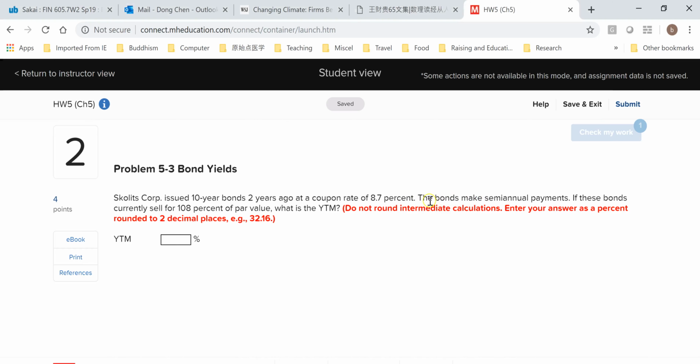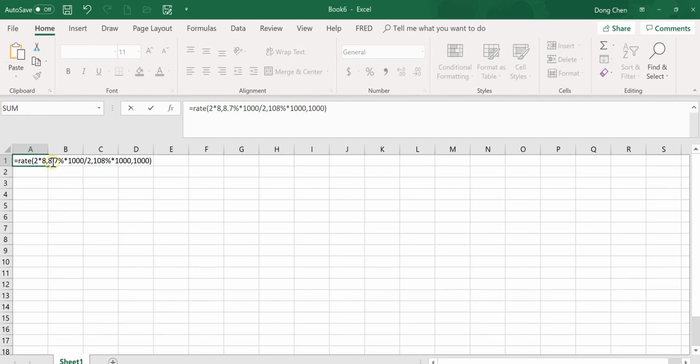We calculated the semi-annual coupon payment, and the number of remaining semi-annuals, 8 times 2. So the rate, which is the YTM, as calculated here is also semi-annual, but generally we care about the annual. So we should multiply this by 2 to get the annual YTM.